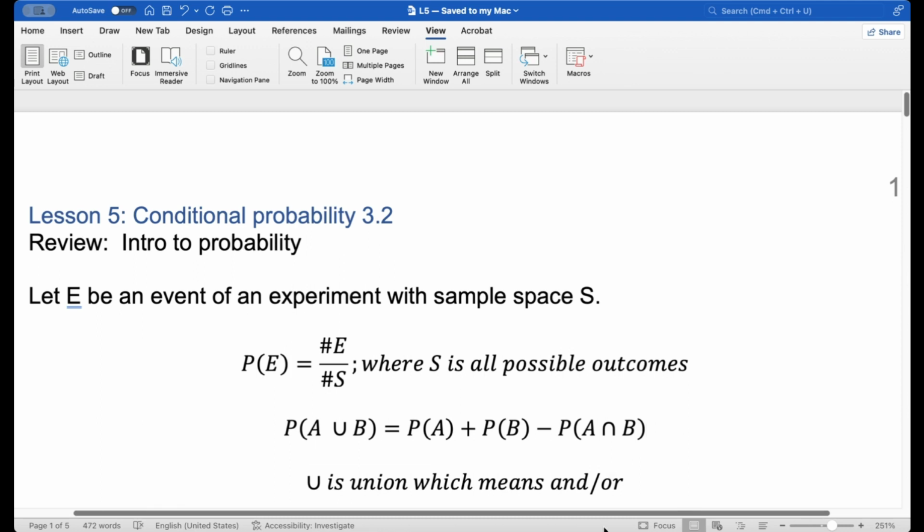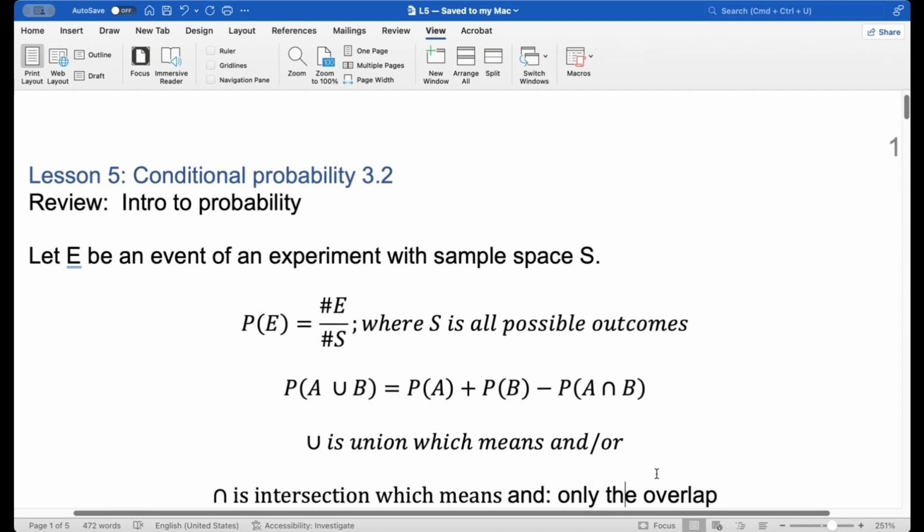The U-looking symbol, union, in math, refers to "or": at least one, A or B or both. The intersection, the upside down U symbol, is just "and." It's only the overlap, only what the events A and B have in common.